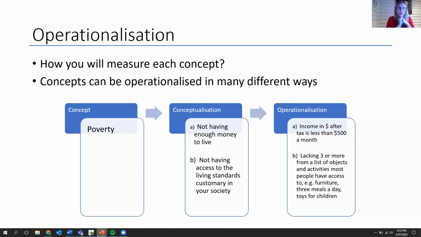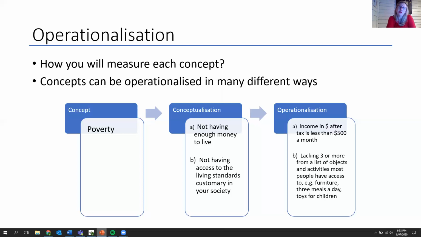Well, I know a lot of college students and university students and graduate students, for that instance, who don't always make enough money to live or live the way they want to live. But does that mean they're in poverty? Well, maybe not, because they're getting access to higher education.